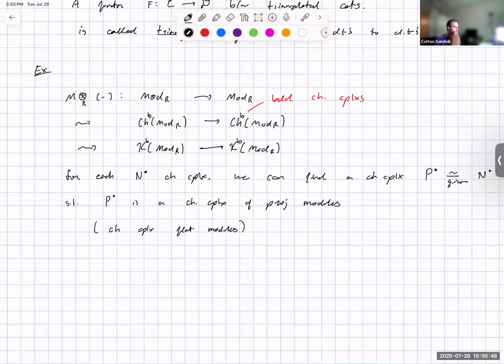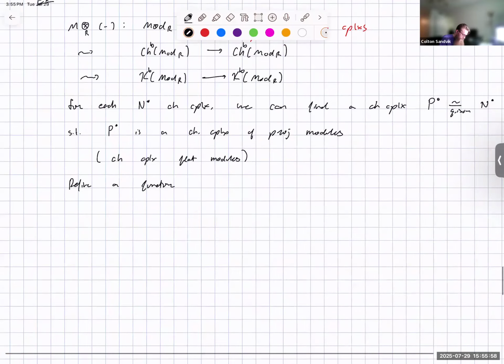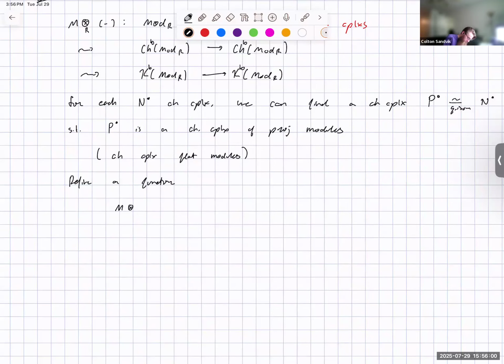And what I want to do is define a functor, and it should encapsulate this derived behavior. So it's the left derived functor of the tensor product, and it's going to go from the derived category of R-modules to itself.